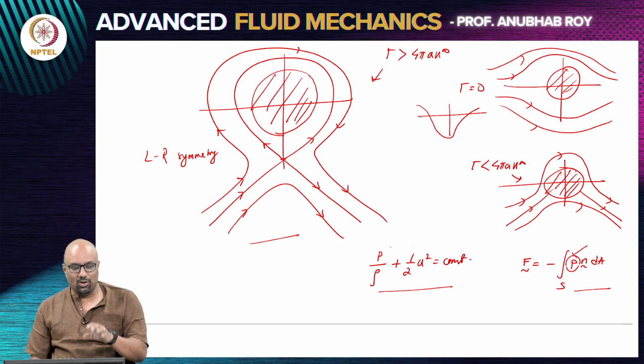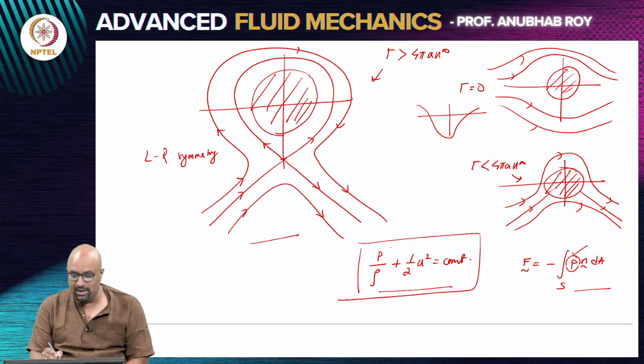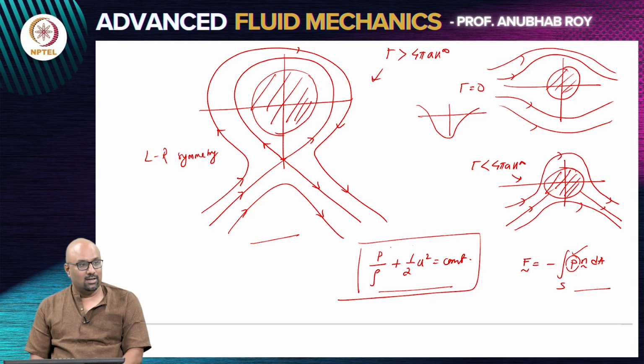So the fact that you need to look at the streamline, and this is specific only to irrotational flow, because in irrotational flow you have this powerful relation of Bernoulli. And steady irrotational, by the way, I will come to the unsteady part later. When you are doing this steady irrotational flow, you have this very powerful relation of Bernoulli that gives you pressure explicitly in terms of velocity.